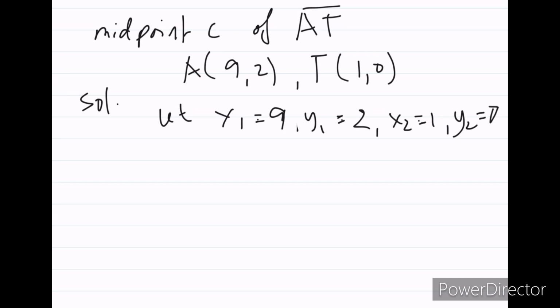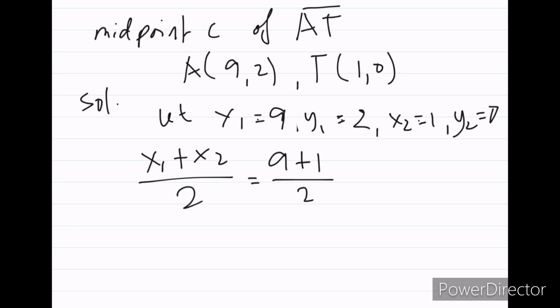Again, using the midpoint formula, x sub 1 plus x sub 2 over 2 is equal to 9 plus 1 over 2, which is 10 over 2, which is equal to 5.